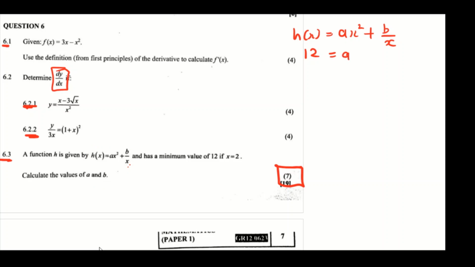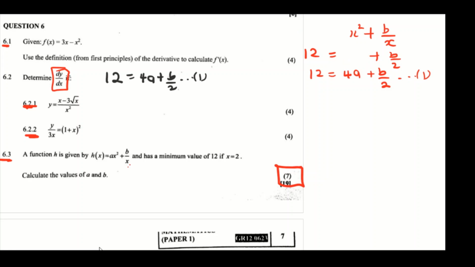So it's going to be a into 2 squared plus b over 2. So 12 is equal to 4a plus b over 2. So this is your first equation. Let me write it here. So it's 12 is equal to 4a plus b over 2, our equation 1.